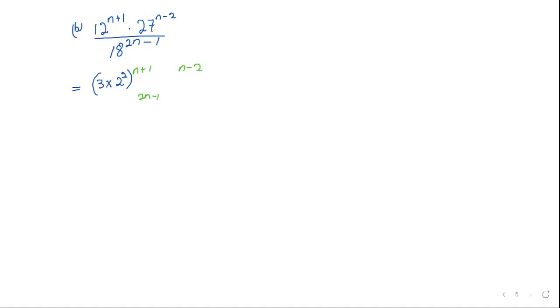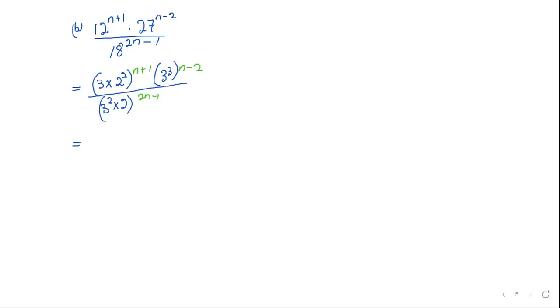But 27 is the same as 3 to the power of 3. And then 18 is 9 times 2. And 9 is 3 squared times 2. Is my exponent there.